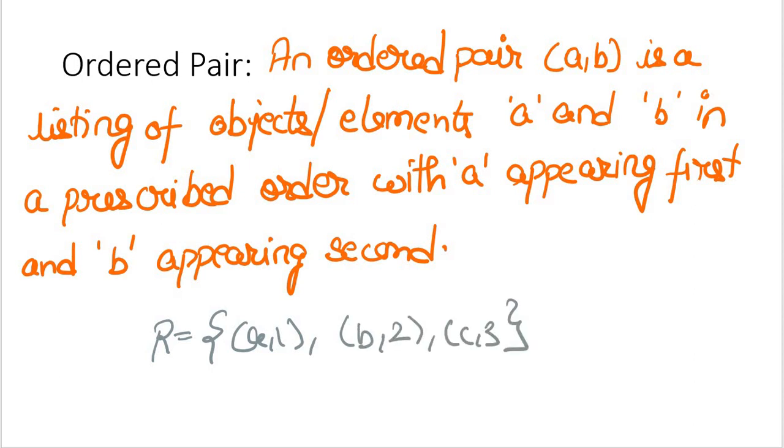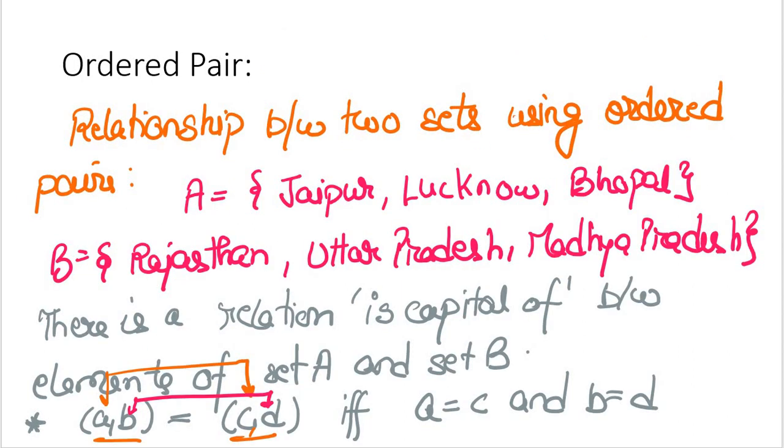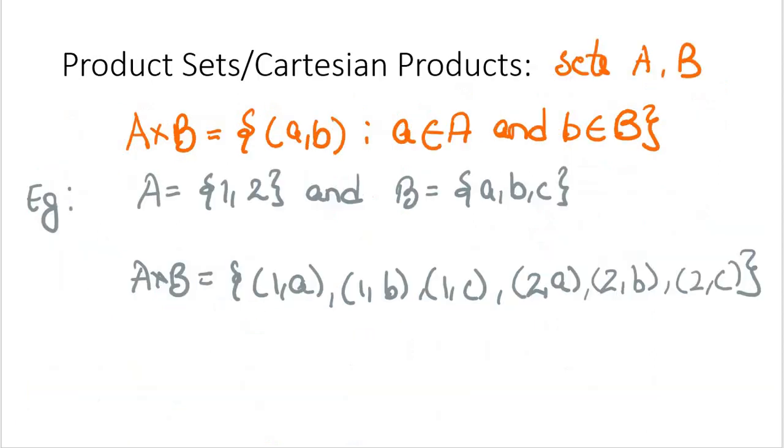This is forming ordered pairs. Then we talked about the product set or Cartesian product, which formed a base for this, because the Cartesian product gives us nothing but ordered pairs: (1, a), (1, b), (1, c), (2, a), (2, b), (2, c) are nothing but ordered pairs, right?